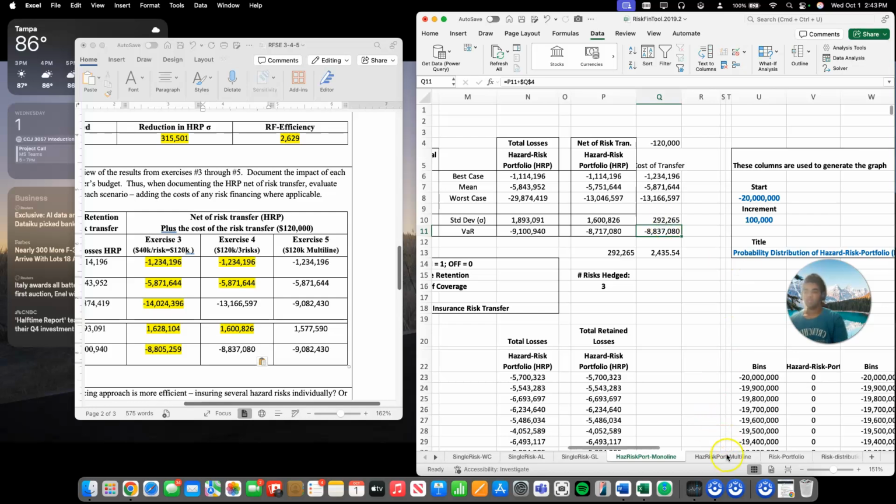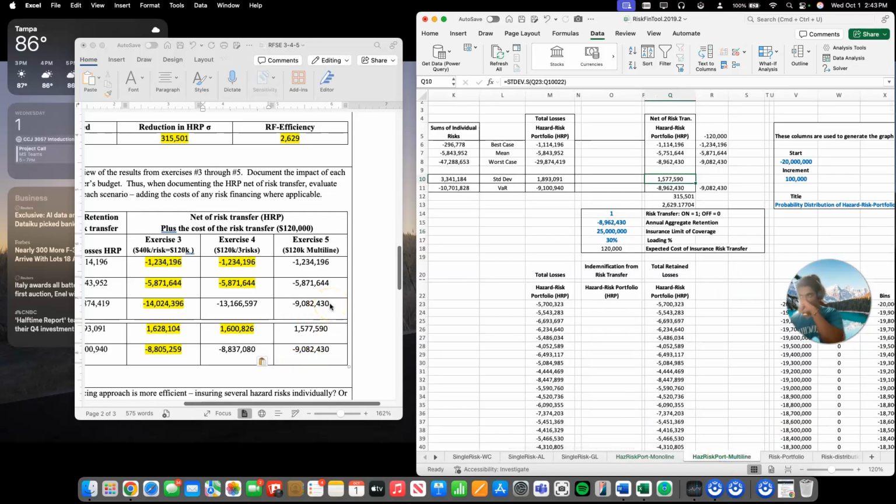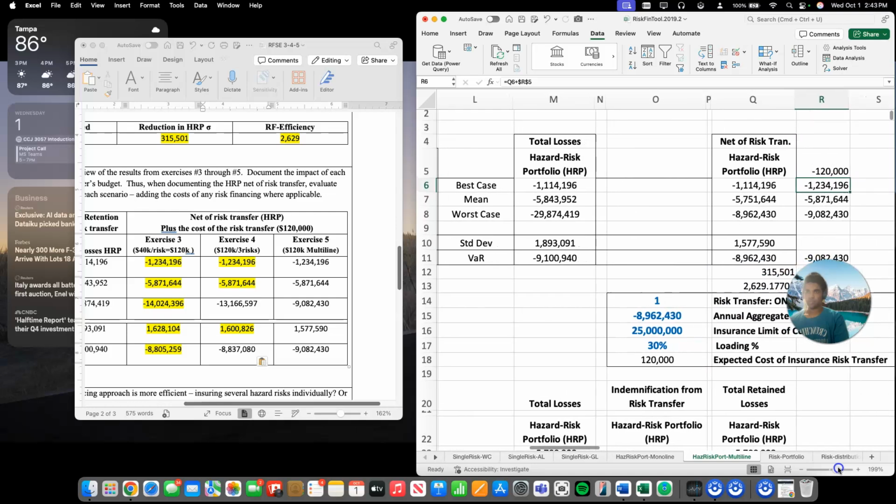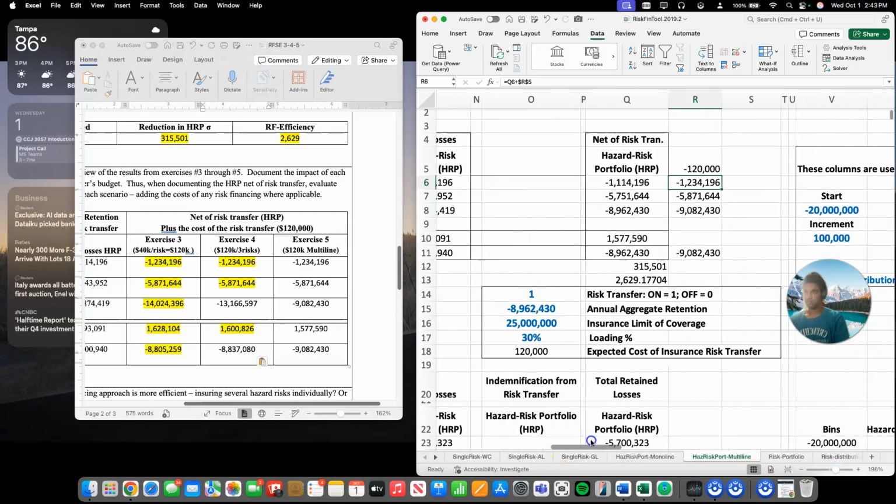But if we look at the multi-line now, let me zoom in real quick. You could see that these numbers on the right, I've added 120,000 to. This number has 120,000, this one has 120, this one has 120, this one has 120.